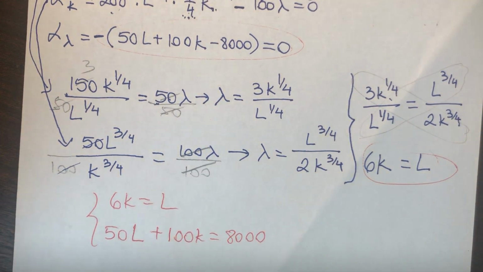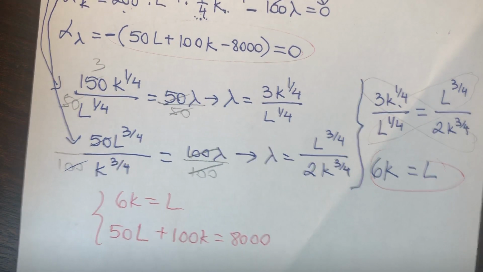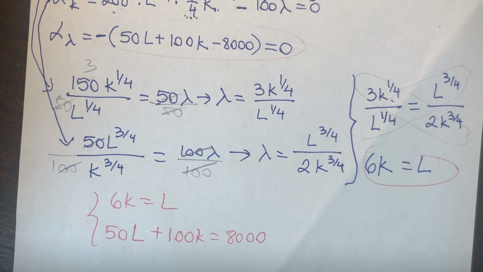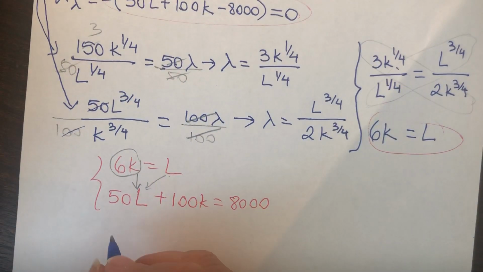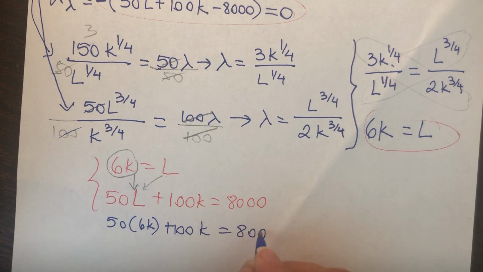There you only have $8,000 to spend for labor and capital. Okay, so same thing as we did with the others. What are we going to do? Substitute, yes. So in place of L, I'm going to write 6K.